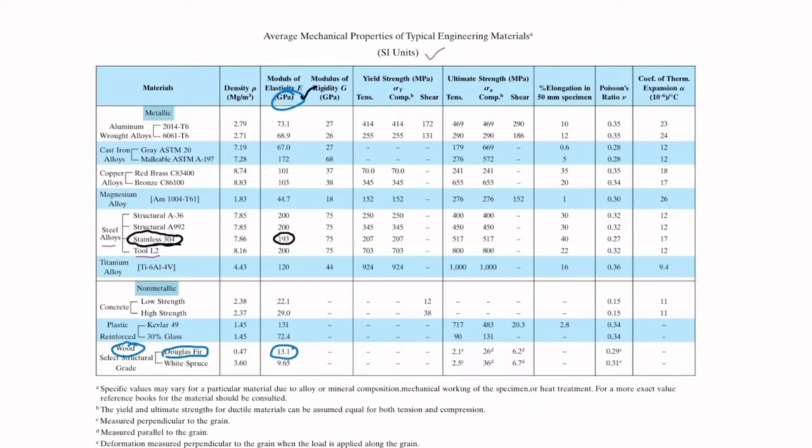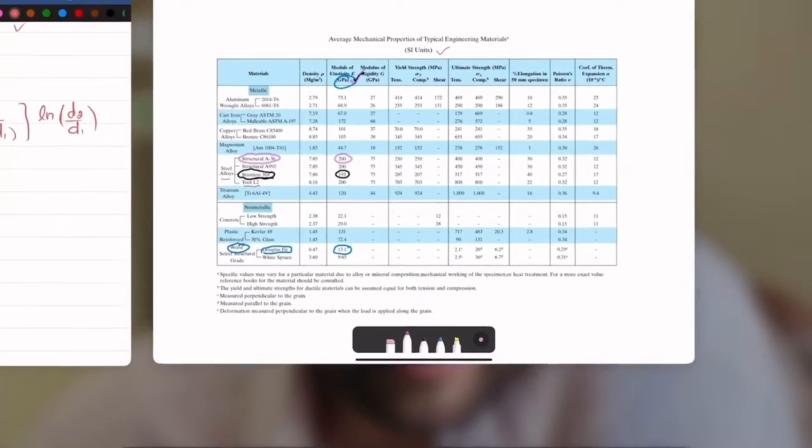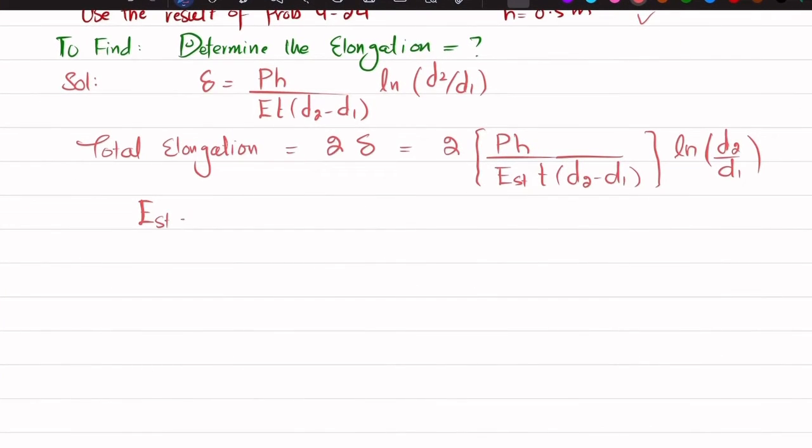If you click at that, you can see that this is A36 steel, so its E is 200 gigapascal. So note down this value is equal to 200 gigapascal. So 200, and that will be equal to 200 into 10 raised to power 9 Pascal.